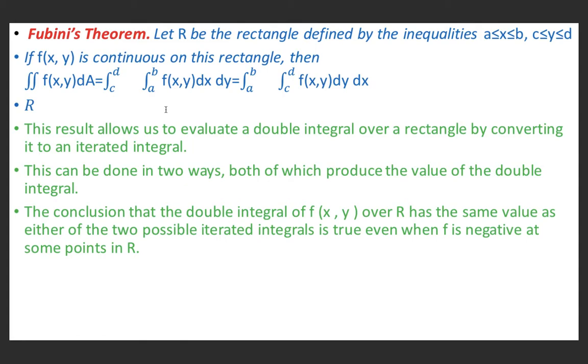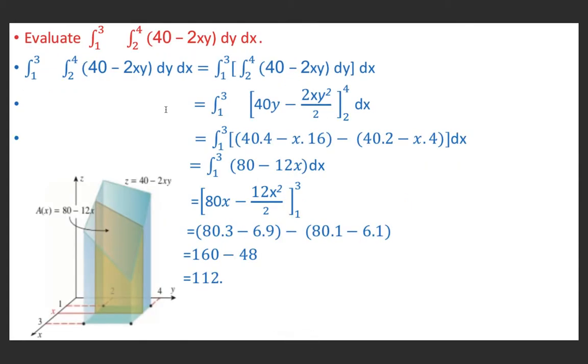and we will show how to evaluate a double integral by calculating two successive single integrals. Suppose we are required to evaluate the function 40 minus 2xy where x varies from 1 to 3 and y varies from 2 to 4.